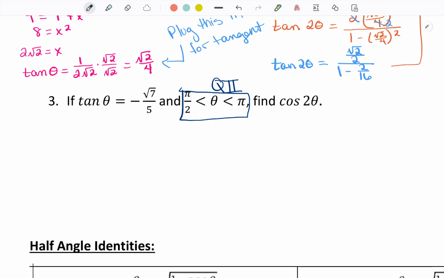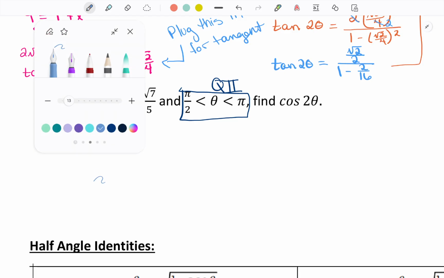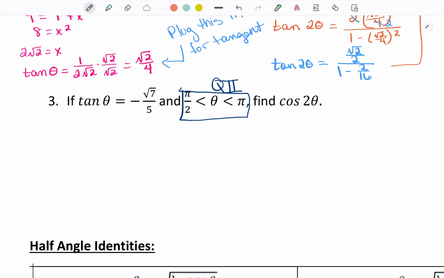So we are definitely going to have to find that hypotenuse. So we are given tangent theta. We are in quadrant 2, so we actually should have a negative x value. So remember, tangent is y over x. So we're looking for r. So r squared equals square root of 7 squared plus 5 squared. So r squared equals, actually 7.